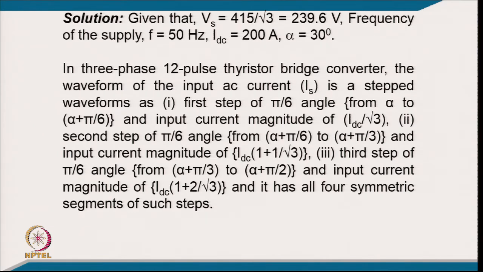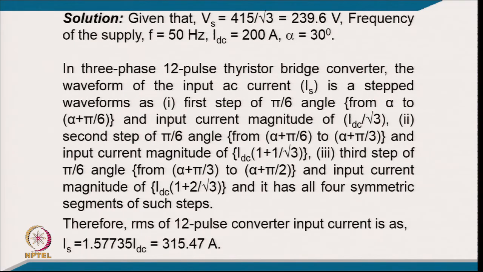The first step of pi by 6 angle from alpha to pi by 6 has input current magnitude IDC by root 3. The second step of pi by 6 angle from alpha plus pi by 6 to alpha plus pi by 3 has input current magnitude of IDC into bracket 1 plus 1 by root 3. The third step of pi by 6 angle from alpha plus pi by 3 to alpha plus pi by 2 has input current magnitude of IDC into bracket 1 plus 2 by root 3, and it has all 4 symmetrical segments of such types.